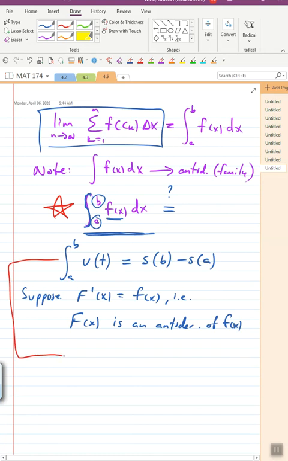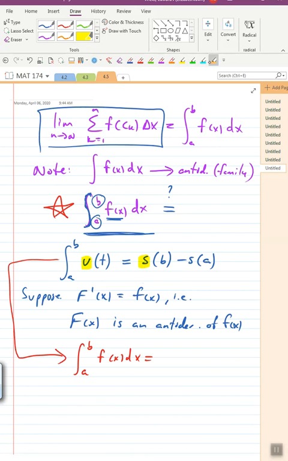Can you all extrapolate here from this example what we're guessing? If I took the integral from a to b of f of x dx, what happened in our velocity example? We took the antiderivative of velocity, which was position.